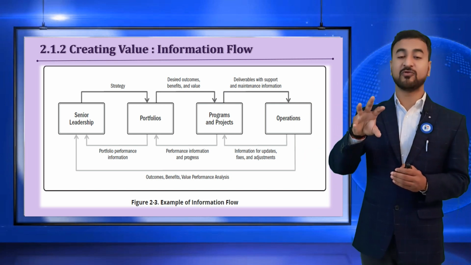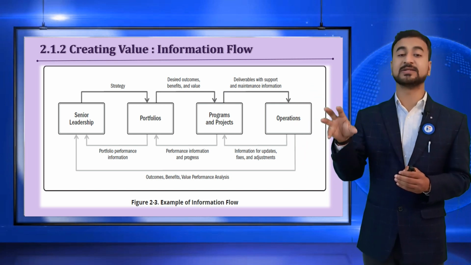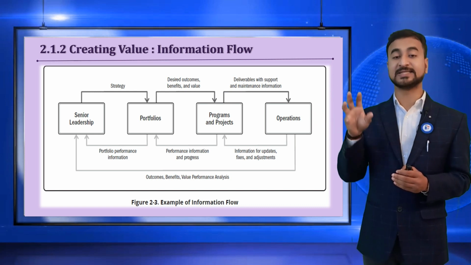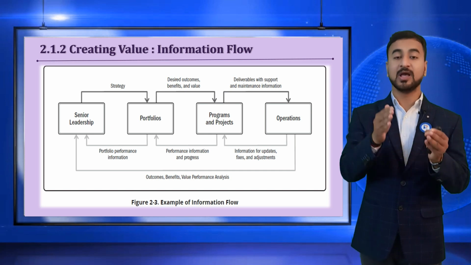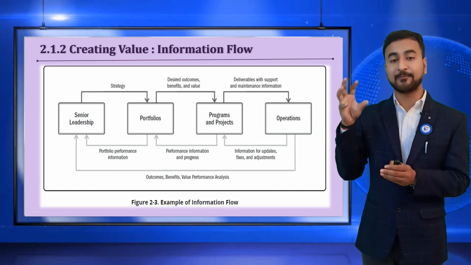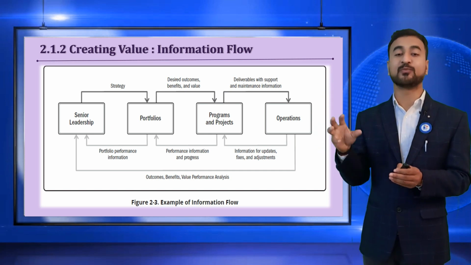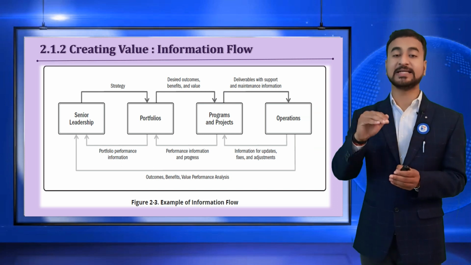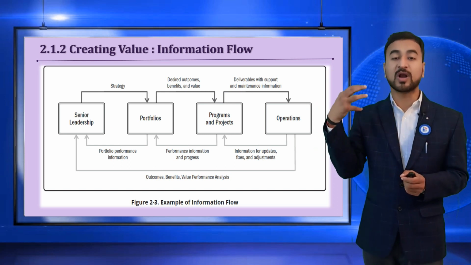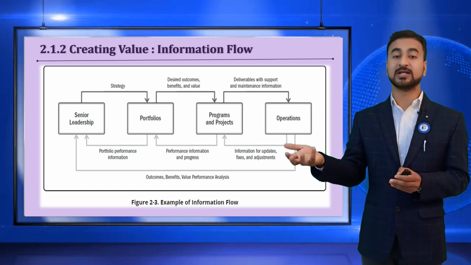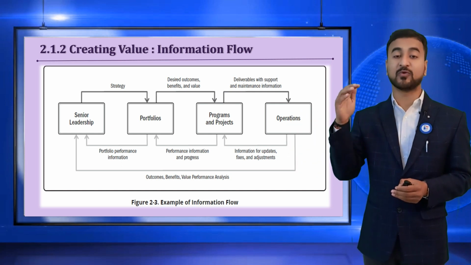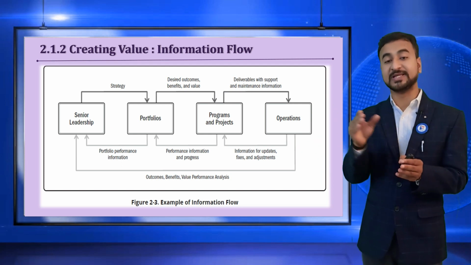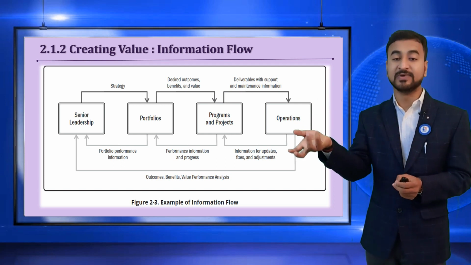Now the information goes with the portfolio to the portfolio and program managers. It is their responsibility to execute what was defined by the senior leadership, the programs and projects under that portfolio during that timeline, and they are focused more on outcomes and benefit tracking. They pass that information to the programs and projects, providing guidance on how to execute within the timeline and deliver the value.